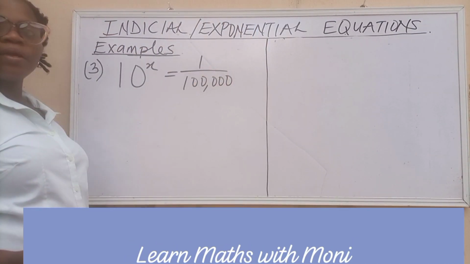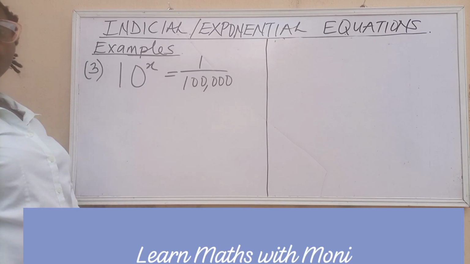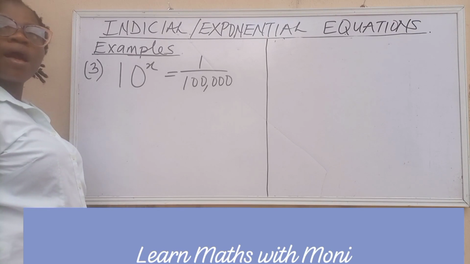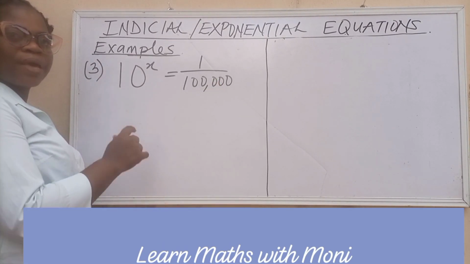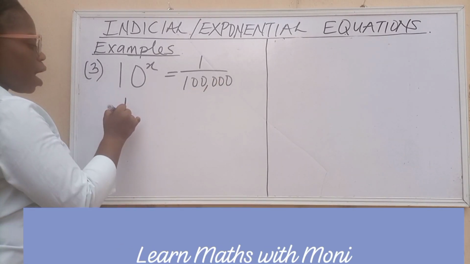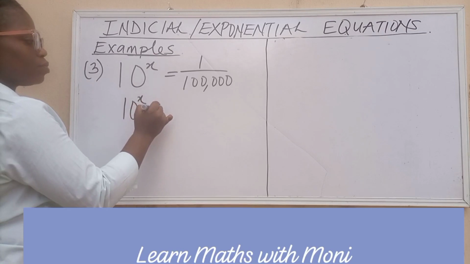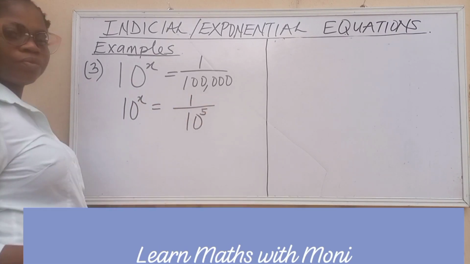We have 10 raised to power x equals 1 over 100,000. 100,000 can be written as powers of 10. We can get a base of 10 from 100,000. So I will rewrite it like this. This is 10 raised to power 5.